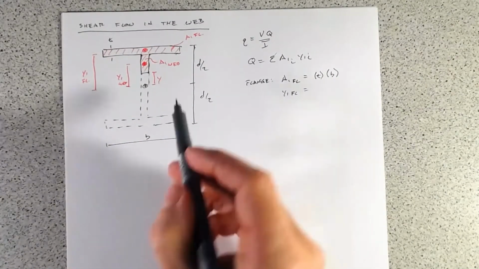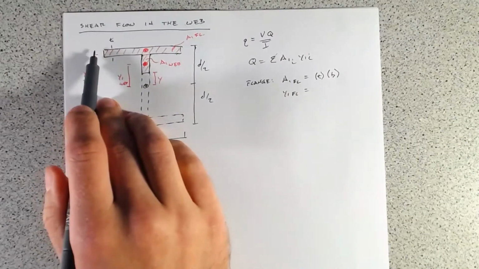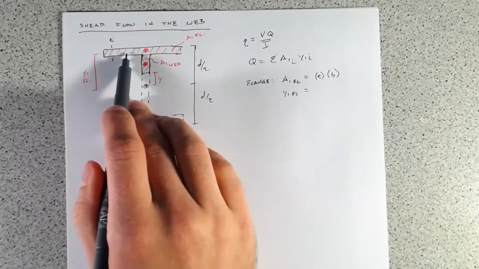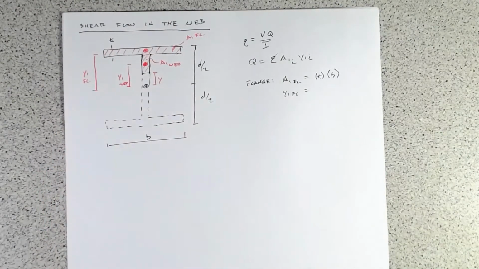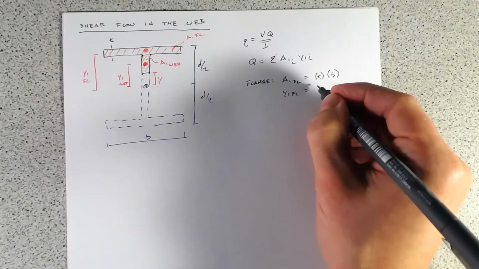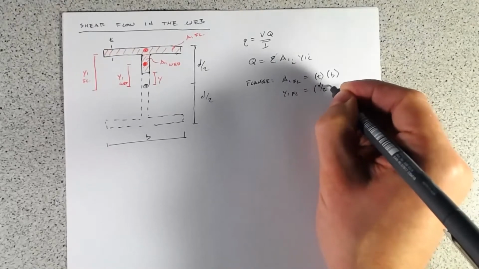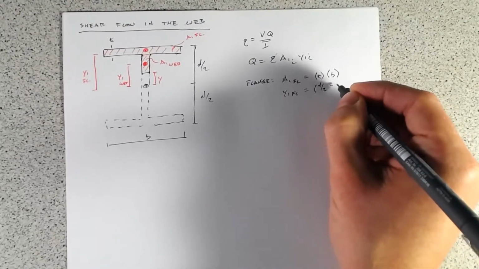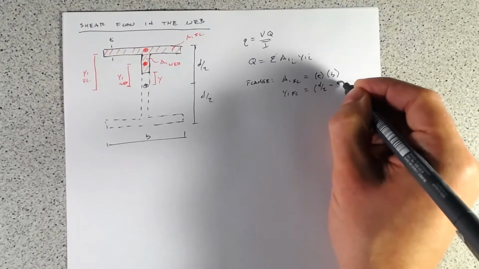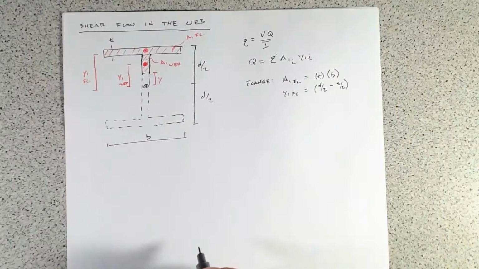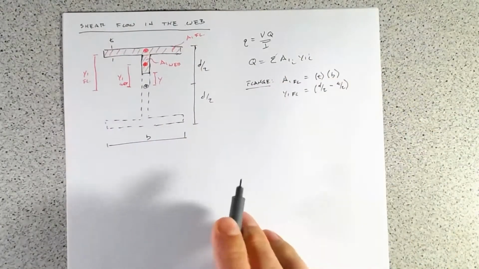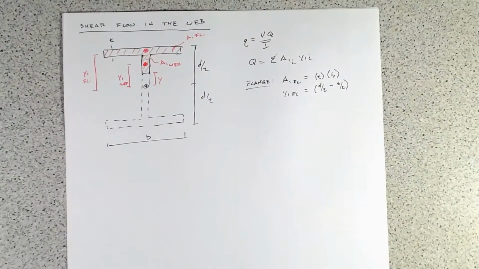And so that's just going to be d over 2 minus the thickness over 2, because the centroid's right there in the middle for a rectangle. So that is d over 2 minus t over 2. All right, so that's our first bit that we're going to add in.